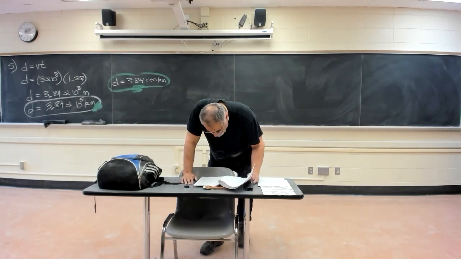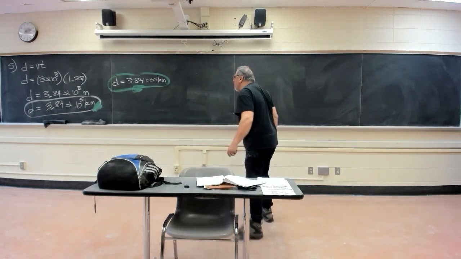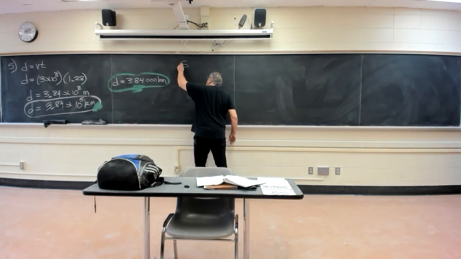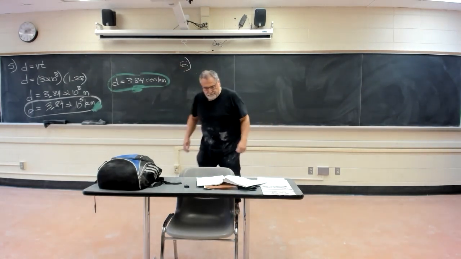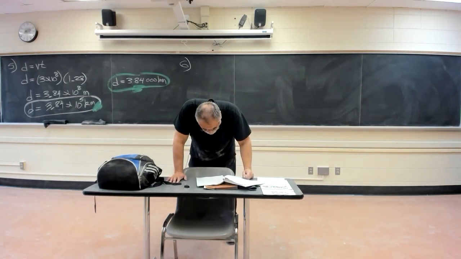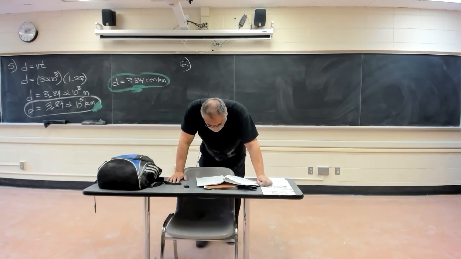Number 6. A train, let me just write it down at least. A train slowly climbs a 400-meter mountain track, which is at an angle of 8 degrees with respect to the horizontal. How much altitude does it gain?